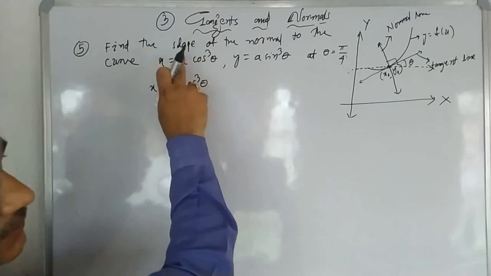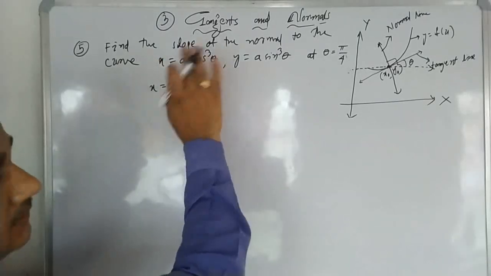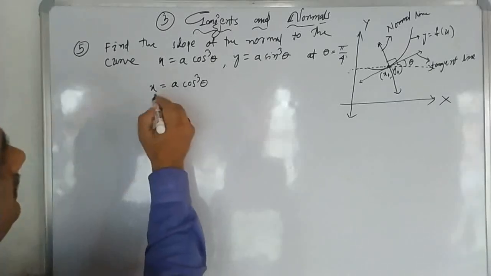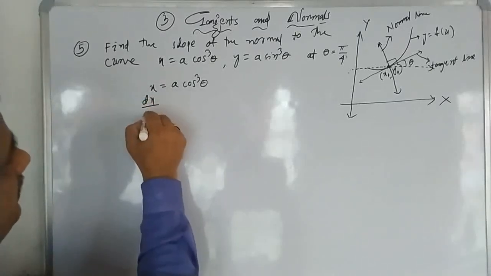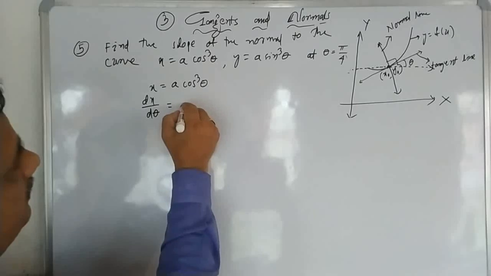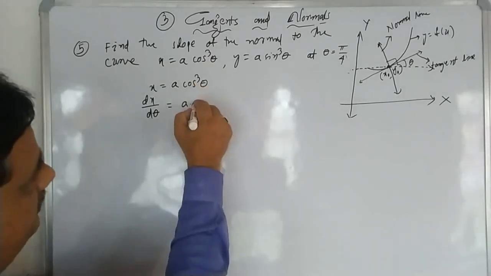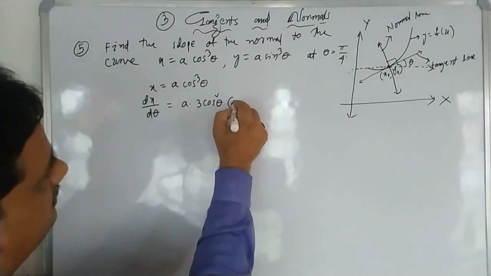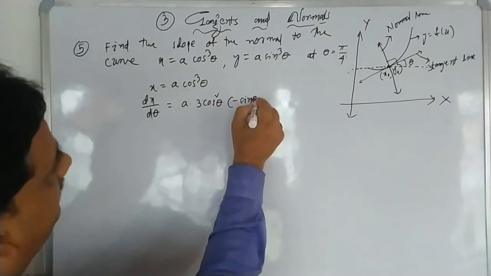Slope means we need to find dy by dx. This is given in parametric form, and from that we have to find dy by dx. dx by d theta is equal to a into 3 cos square theta with respect to cos theta, which is minus sin theta.